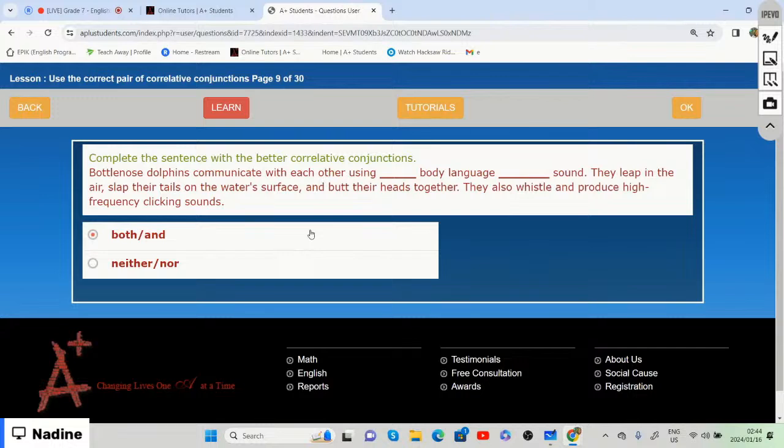So we're going to say that the bottlenose dolphins communicate with each other using both body language, that is why they jump up and down, do little tricks, and sound. So we're going to go with both body language and sound.